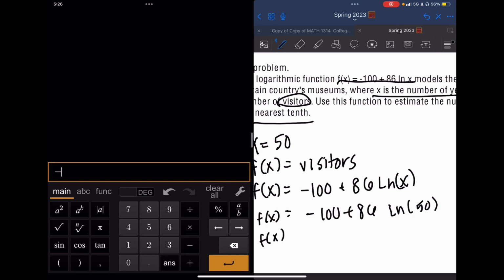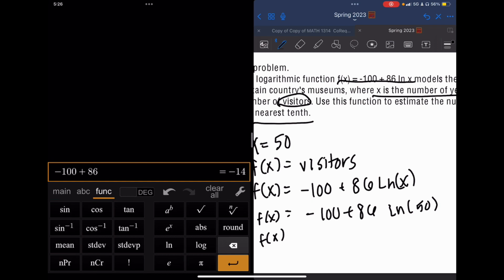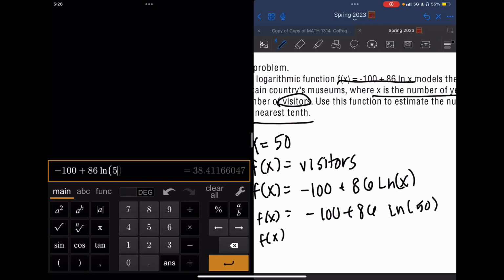Okay, so negative 100. Ln also stands for natural log. It's in the notes. So 86 function ln of 50 is going to give us 236.4339, and it's asking us to round to the nearest tenth.